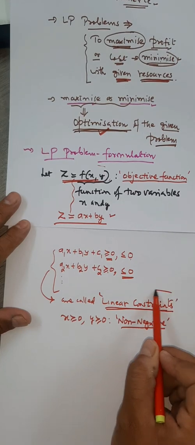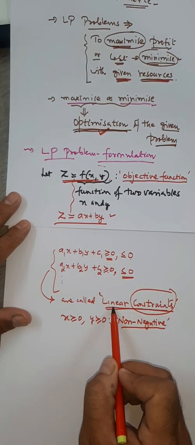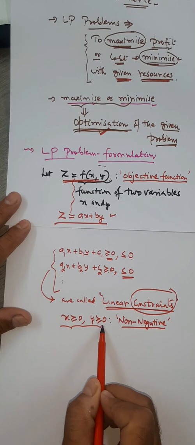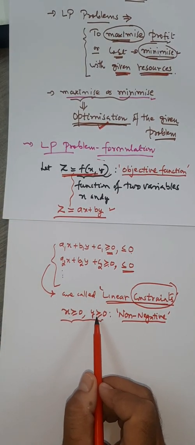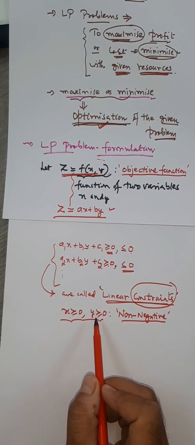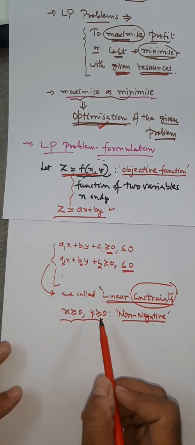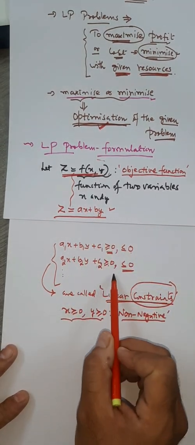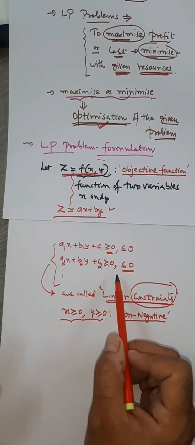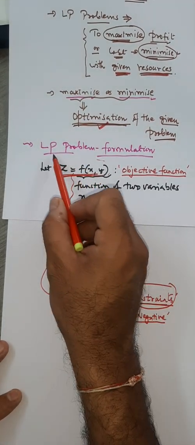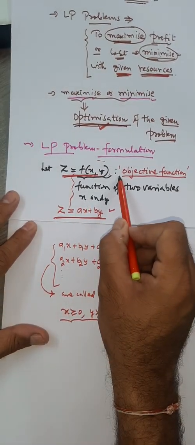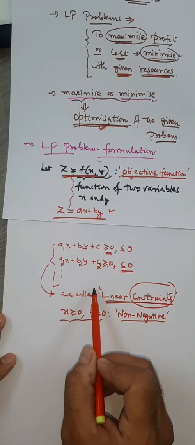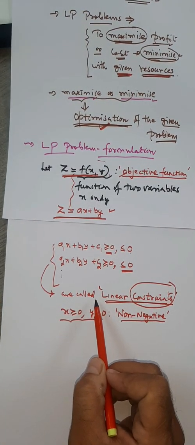These conditions are called constraints here, or linear constraints, with this additional condition that variables are usually non-negative, that is 0 or positive. So these are the parts of any linear programming problem. What are the parts? Mainly the objective function and conditions, which are called the constraints. These are the two parts of any LP problem.